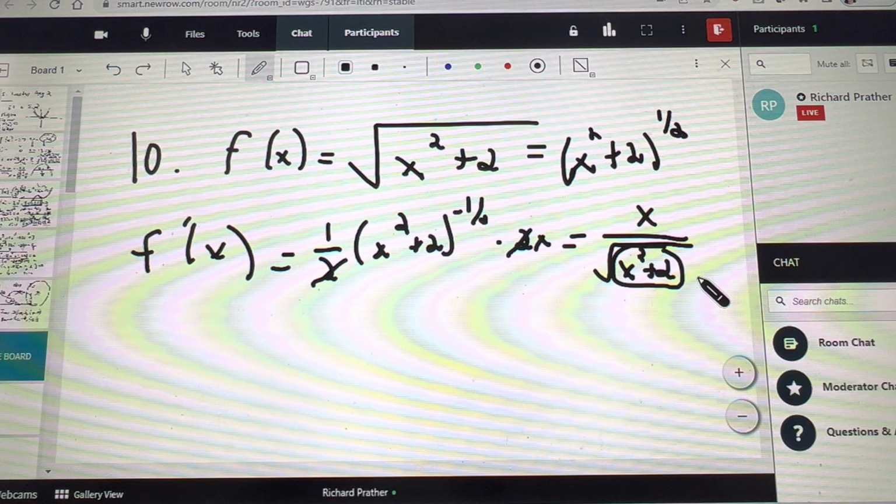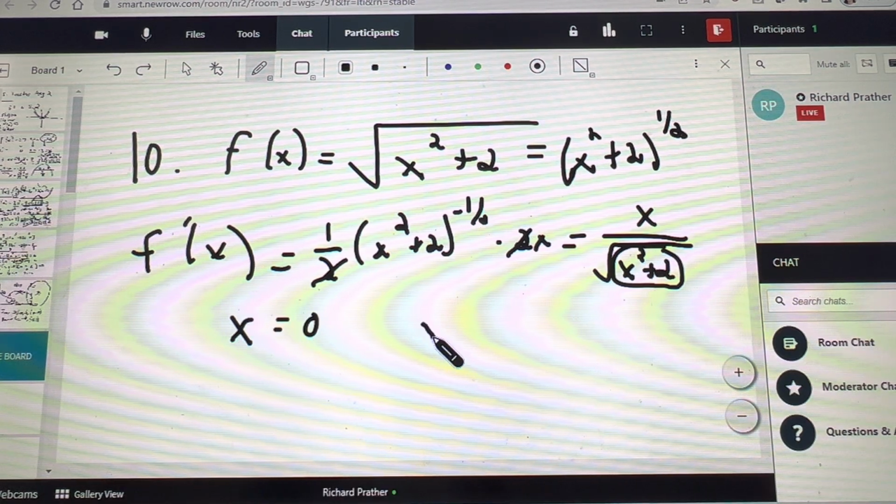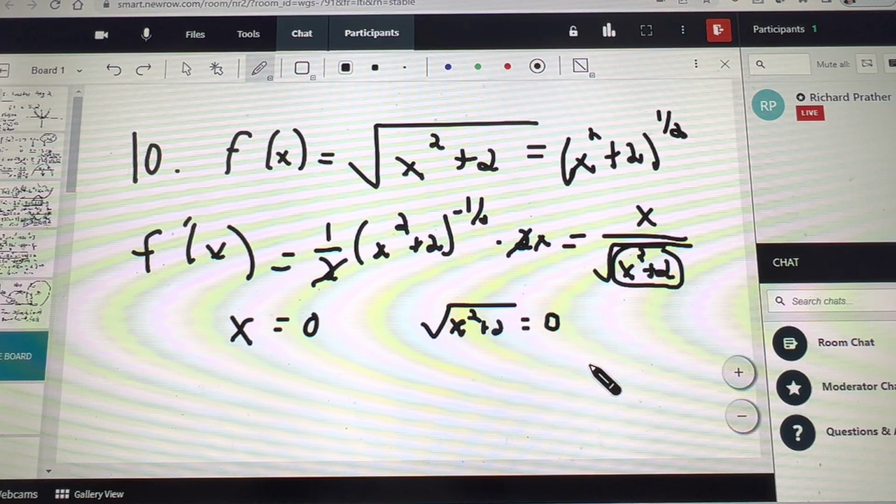And critical numbers can be from undefined values of the derivative, as long as it doesn't make the original undefined. Let me say it this way. A fraction is 0 when the top is 0, and a fraction is undefined when the bottom is 0. So if I was looking for critical numbers, and if my derivative is a fraction, you should set both the top and the bottom separately equal to 0.